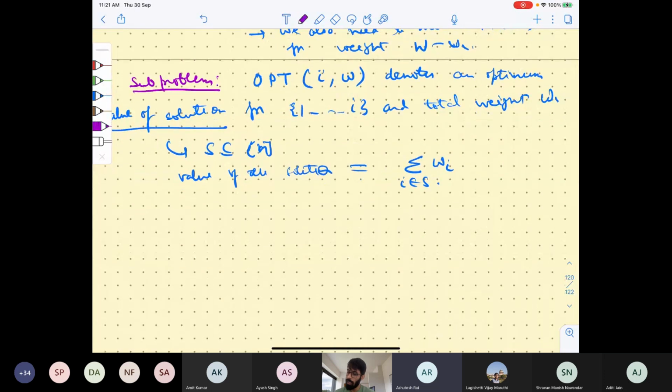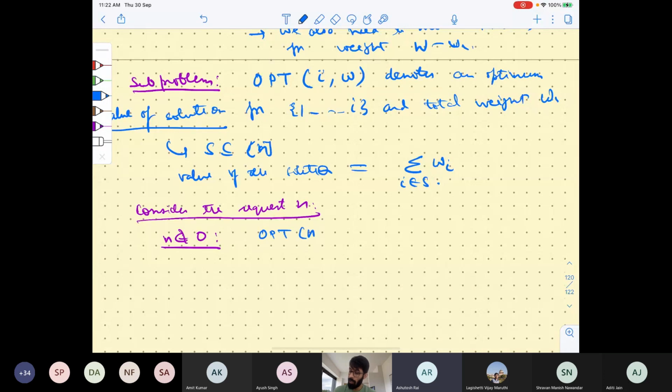Okay, if not, let's see how this subproblem will help us. Let's again argue about the n case. Consider the request n. If n is not in O, then we already had this recurrence: opt of n comma W, because now we have the full capacity, is equal to opt of n minus 1 comma W, because n is not in the solution.